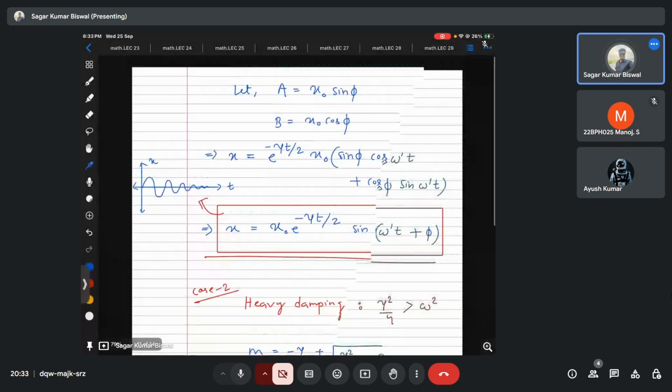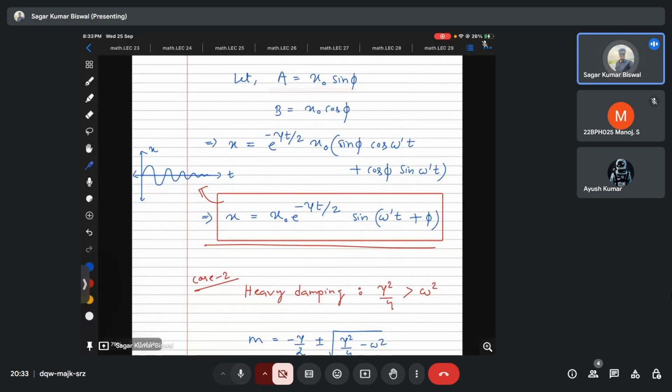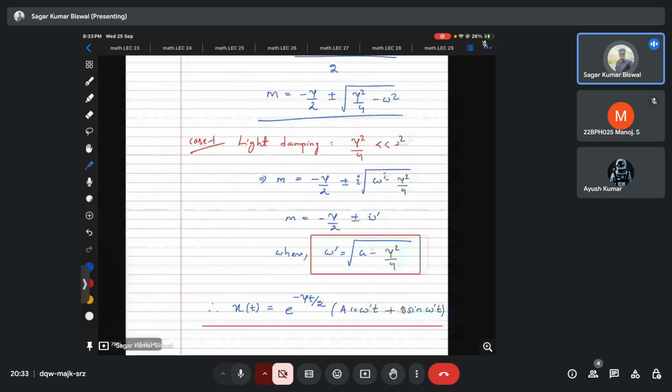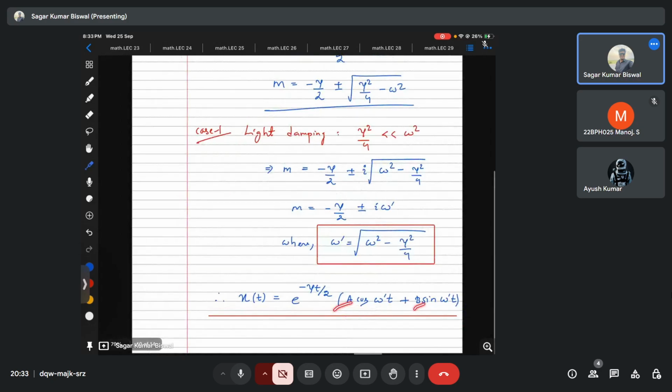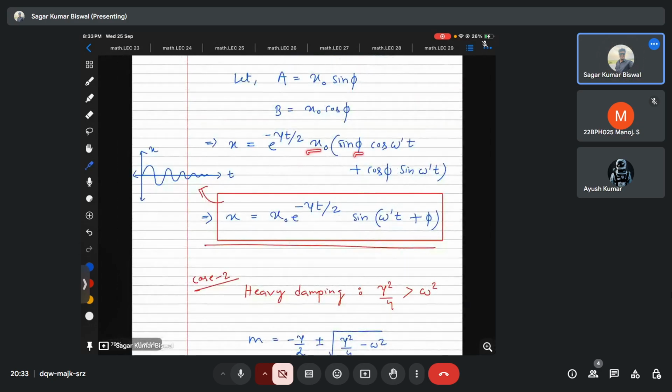Now if you take a as x0 sin phi, as a and b are just constants, and b as x0 cos phi, and put these values in the solution, then what will you get? You will get x0 times e to the power minus gamma t by 2, and sine of omega dash t plus phi, right?